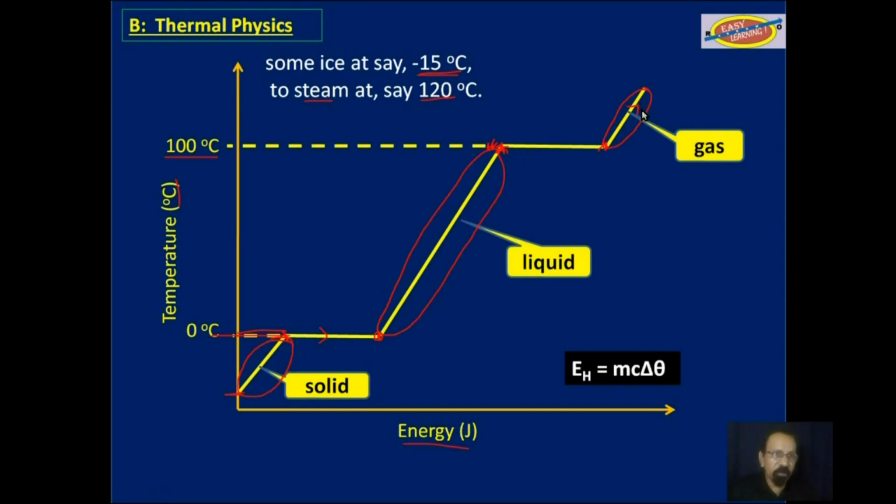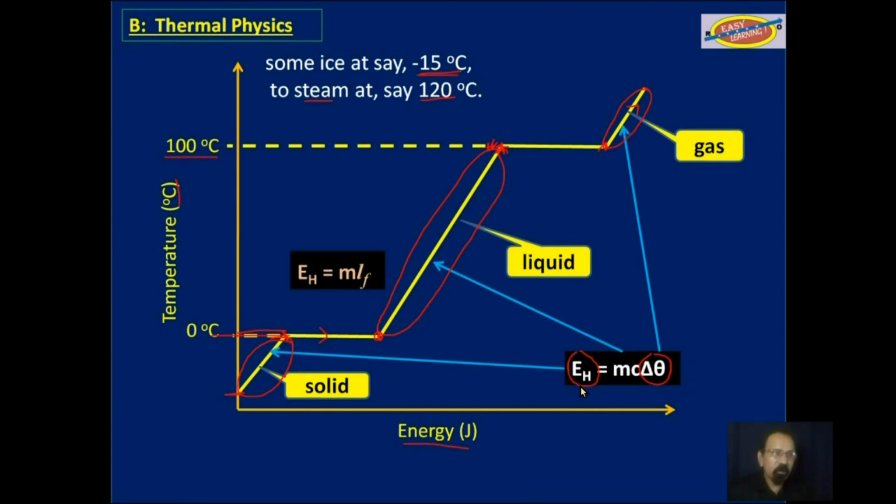In all three of those situations where you have a change in temperature and you want to find the energy, you will use this same formula, where EH is equal to MC delta theta for a solid, and for a liquid, and for a gas. So essentially, you are using the same formula 3 times.